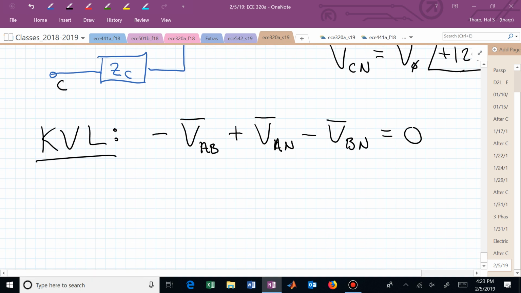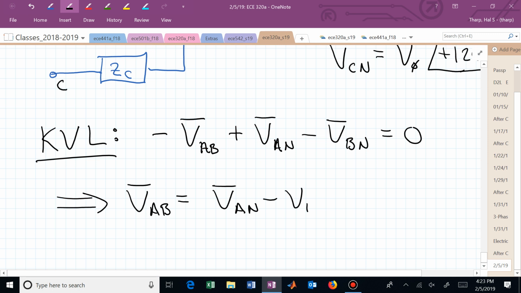Let's now solve that for VAB. Adding VAB to both sides, then VAB is simply VAN minus VBN. But what did we say?